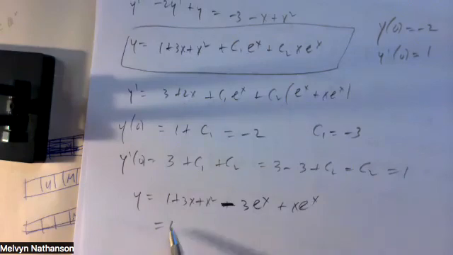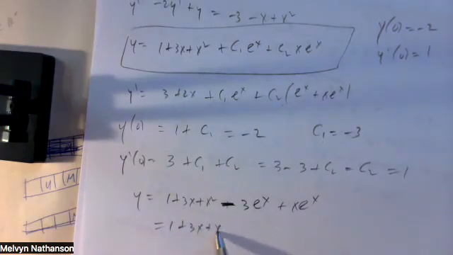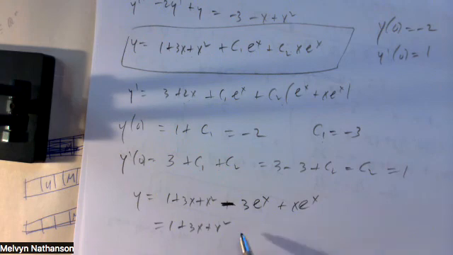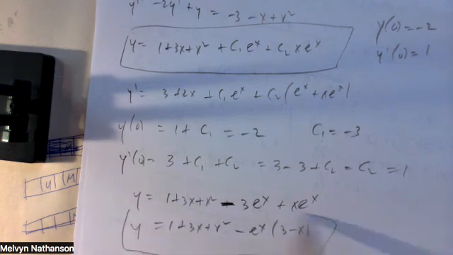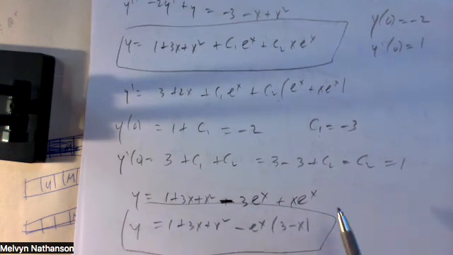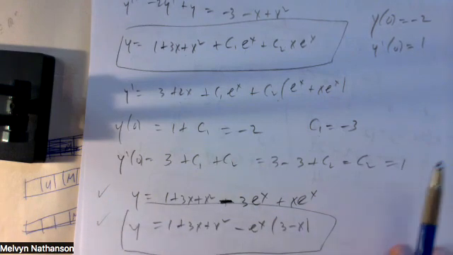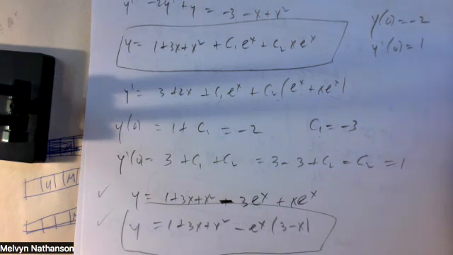Or I could write this if I like, 1 plus 3x plus x squared, and if I factor out minus e to the x, 3 minus x. So this or any variation of them is the solution of the initial value problem.